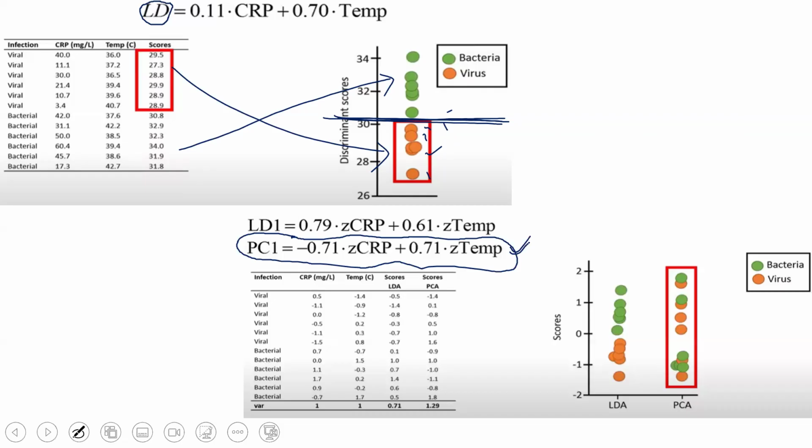Can you tell me what is the eigenvector of this principal component, PC1?